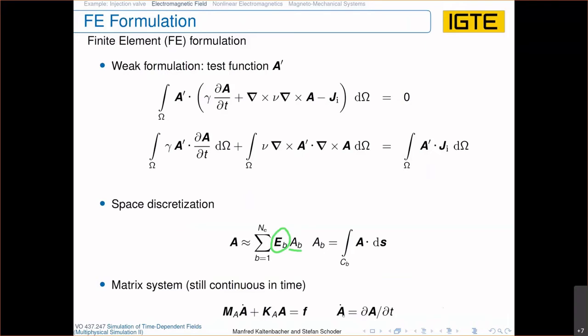A dot means the partial derivative with respect to time of the unknowns along all the edges in our computational domain. We will have such a system where we call this here a so-called mass matrix.